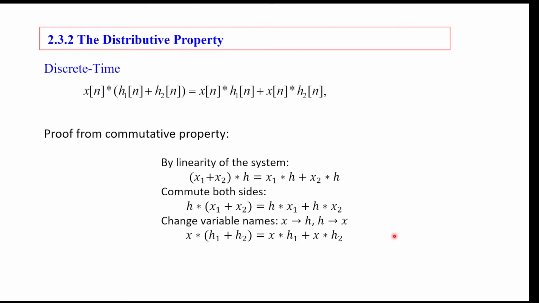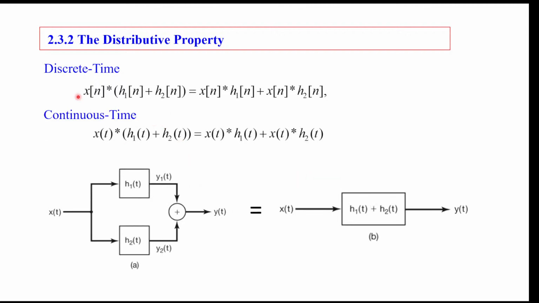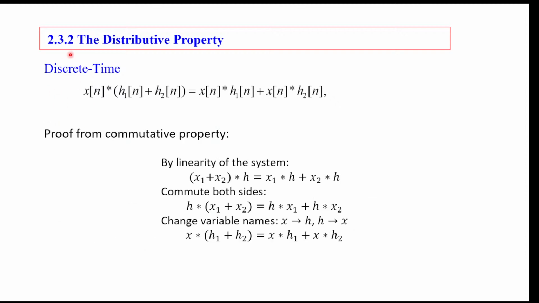We can have a pretty short derivation of the distributive property. We assume the commutative property is true. The proof is a bit funny because the first line looks like it's already the proof. It says that by the linearity of the system, convolution is distributive on its first variable.